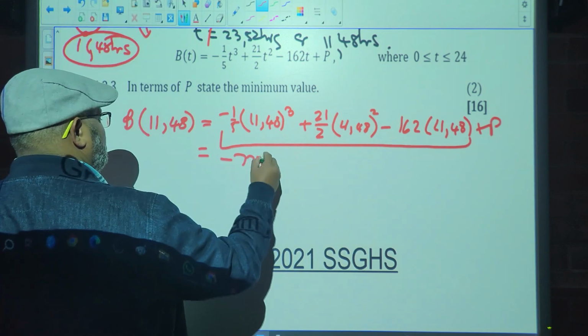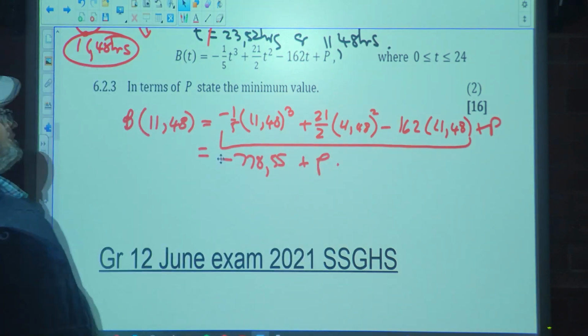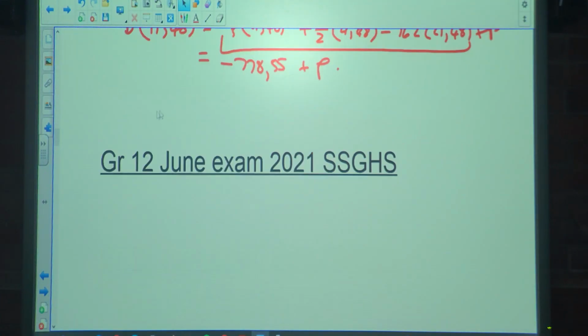Negative 778.55 plus P. So there is your minimum value in terms of P.